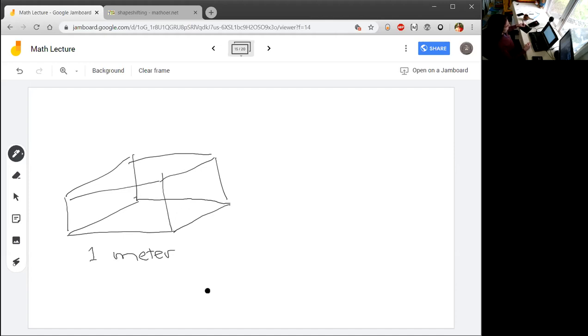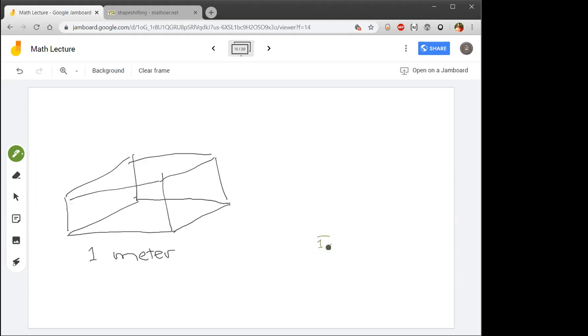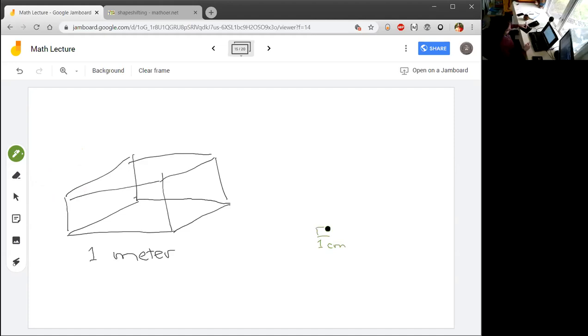So what the French decided was, instead of that picture, we're just going to have a very tiny picture where there's a centimeter. And we'll turn that into our cube. And then that will be our basic thing.